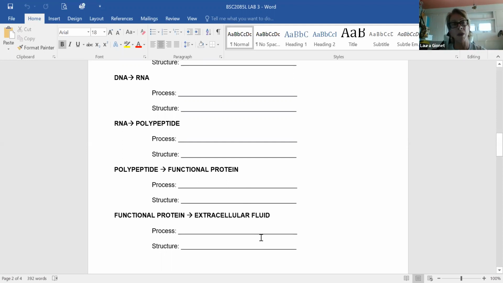I mean, it's not all going to the extracellular fluid, but one of the images that we showed in the notes was that now that vesicle merges with the plasma membrane and exocytotically releases the contents.